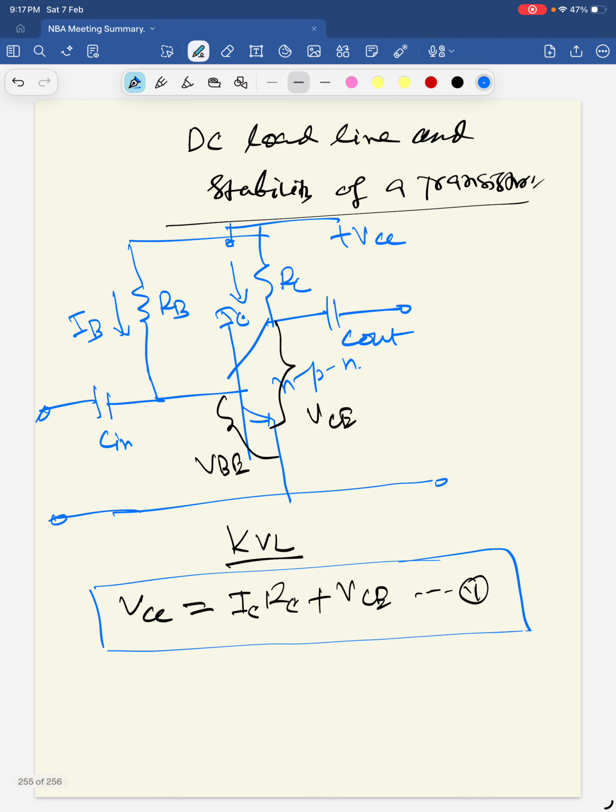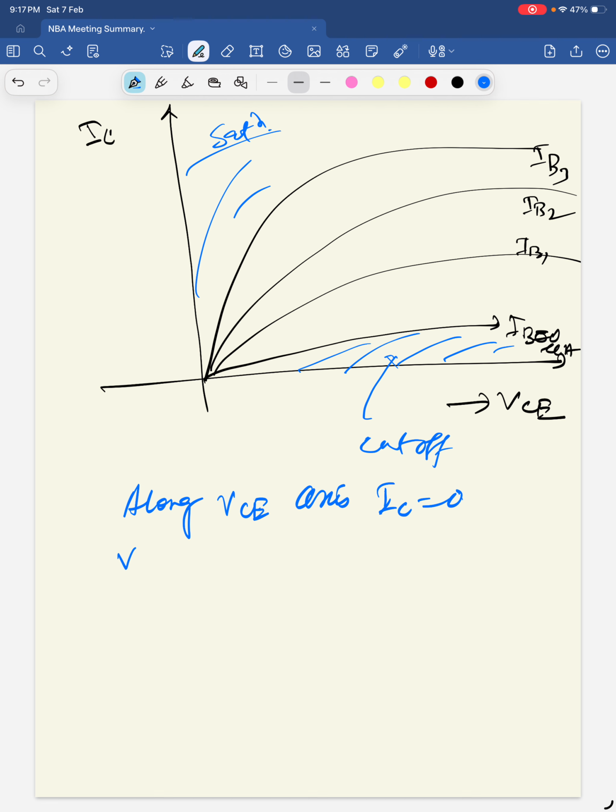Now if we put IC is equal to 0 here, VCC is equal to ICRC plus VCE. Now IC is equal to 0, so VCC is equal to VCE. That means the collector to emitter voltage is maximum, this is VCE.